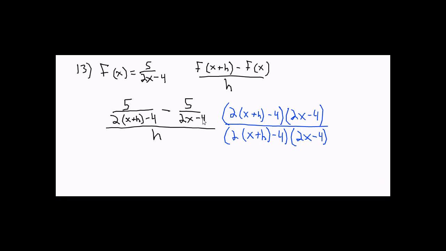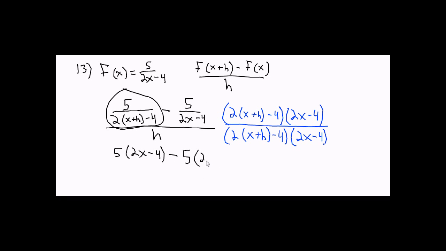And up top, things are going to cancel. The first fraction, when you multiply it by those two things, the 2(x plus h) minus 4 cancels. So you just have 5 times 2x minus 4, minus, and on the second fraction, the 2x minus 4's cancel.